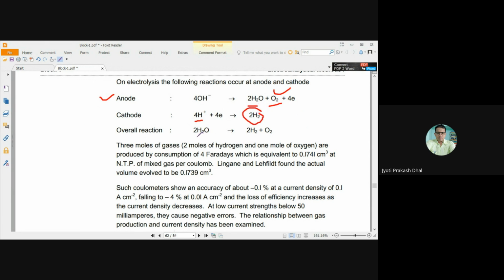The overall reaction is 2 moles of water converted into 2 moles of hydrogen gas and 1 mole of oxygen gas. That means for the 2 moles of water, one water molecule is oxidized to oxygen gas and the other one is reduced to hydrogen gas.